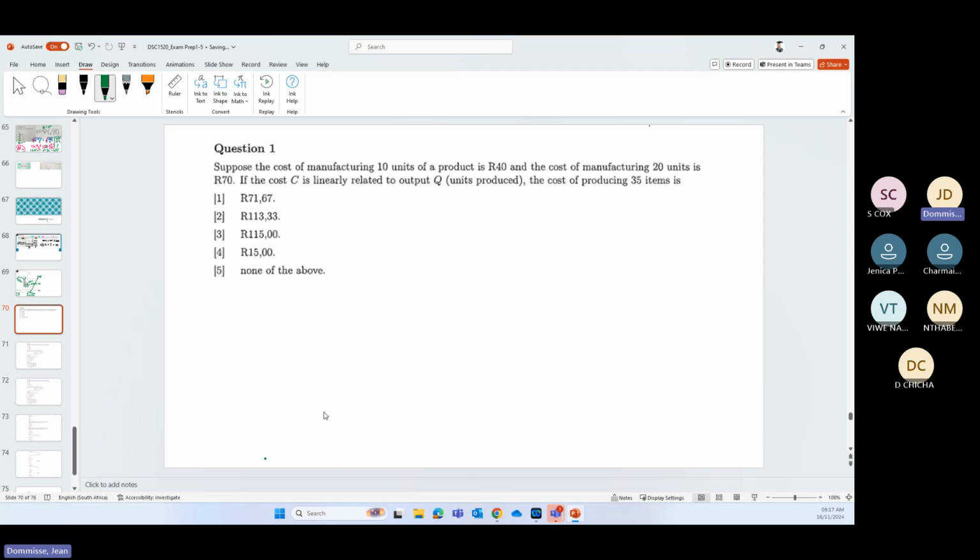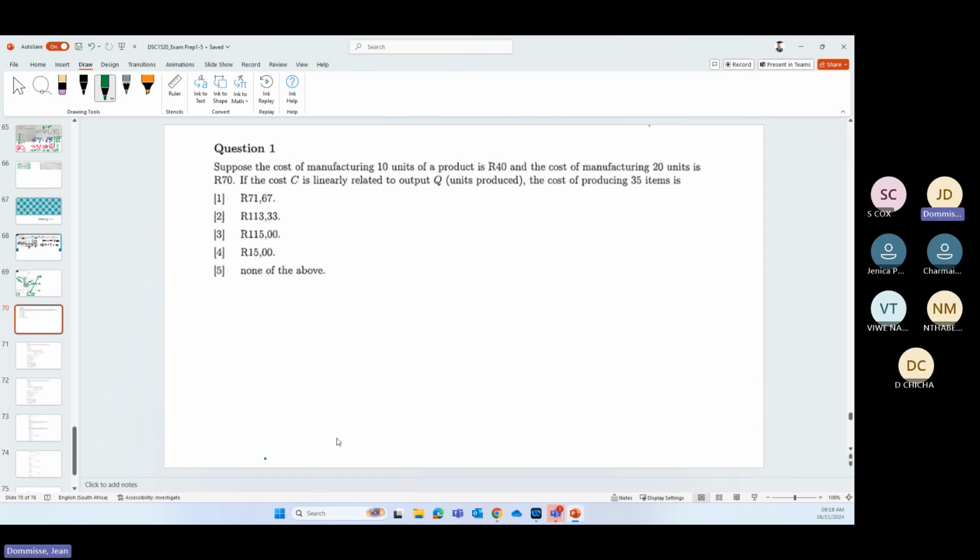Suppose the cost of manufacturing 10 units of a product is 40 Rand, and the cost of manufacturing 20 units is 70 Rand. If a cost C is linear related to output Q units, the cost of producing 35 units is.